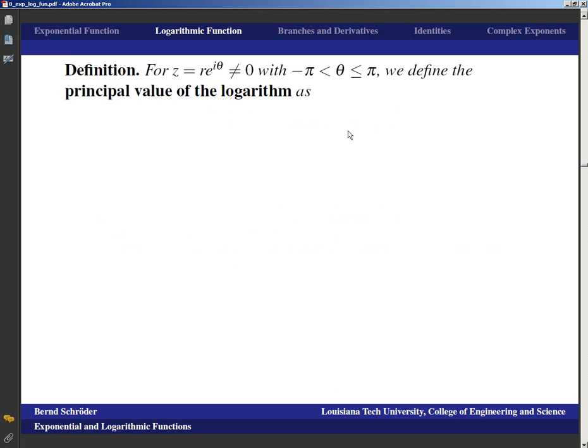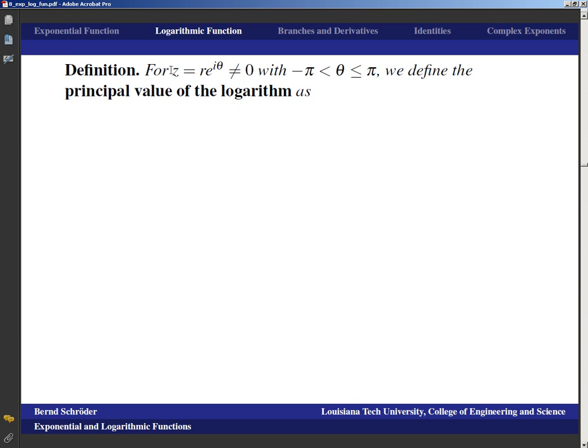Okay. So we have a multiple valued function. Well, we know that from the real line, we typically would like to work with functions that assume only one value. That's why the square root of a real number is defined as the unique positive real number whose square is the number underneath the root. And so similarly, we'd like to define a principal value of the logarithm.